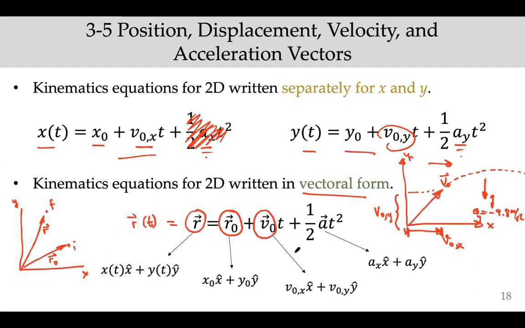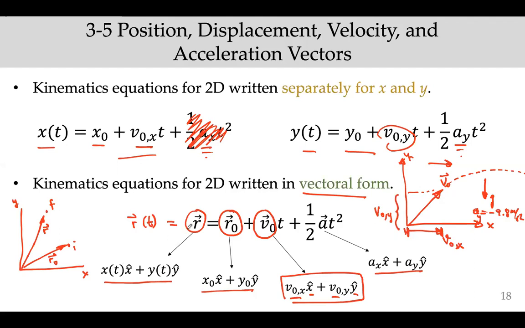Of course, it has x and y components. If you expand the components, it's x component times x hat, y component times y hat. Also, you can write the acceleration like this. Initial position could be written like this in the vector form, and the final position, or the position at time t, can be written as this.